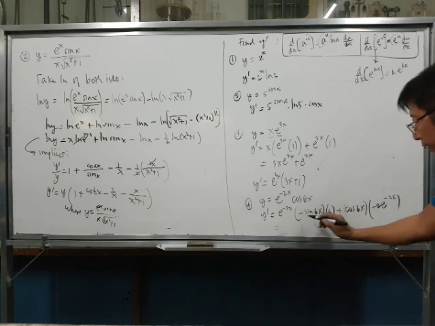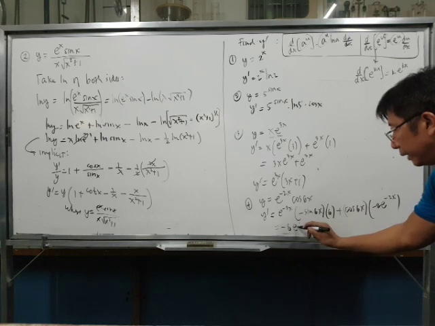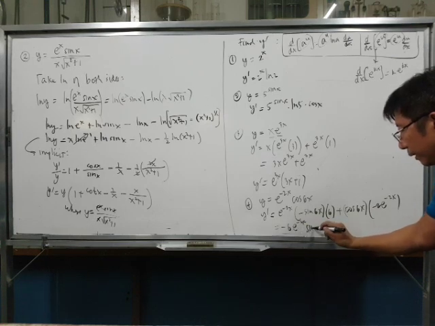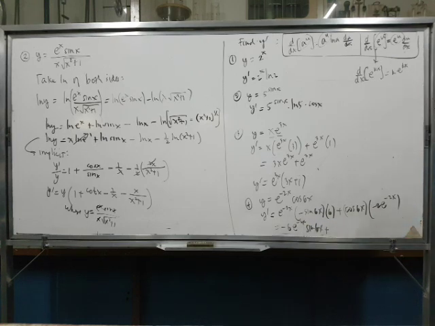We just simplify 6 times negative 1, so negative 6 e to the negative 2x sine 6x, and this will be negative 2 e to the negative 2x cosine 6x. You can factor out e to the negative 2x, and this will be equal to negative 6 sine 6x minus 2 cosine 6x.